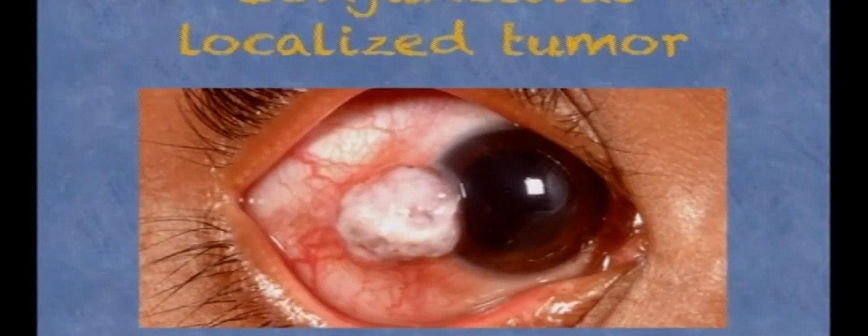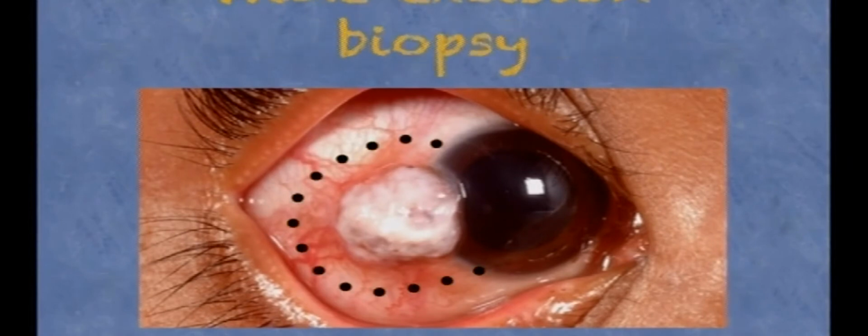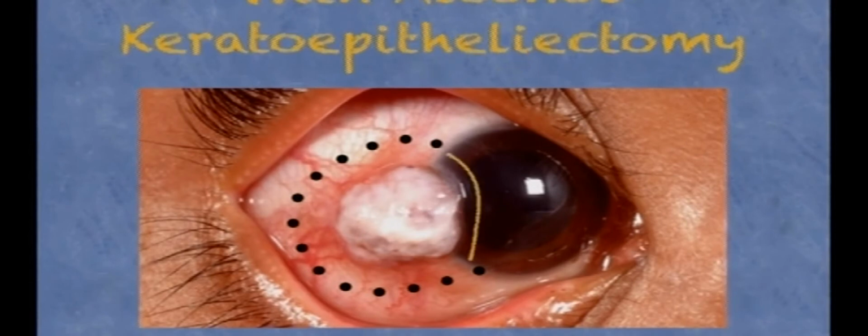So coming to the most common type, a conjunctival localized tumor. What we do is a wide excision biopsy where we take 4 millimeters of clinically normal conjunctiva on the conjunctival side, and if there is a corneal component to the lesion, we also do an alcohol keratoepitheliectomy including 2 millimeter of clinically normal corneal epithelium.